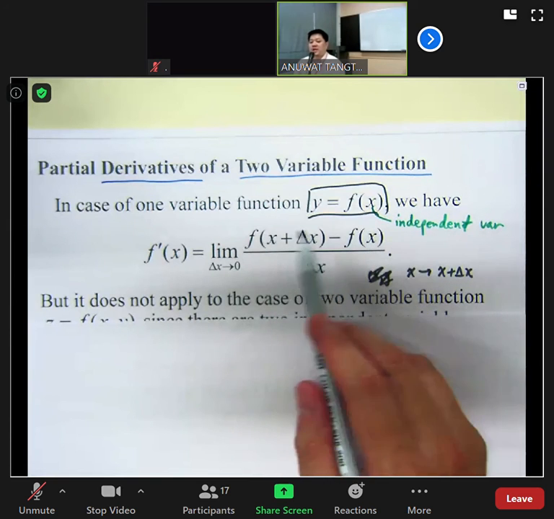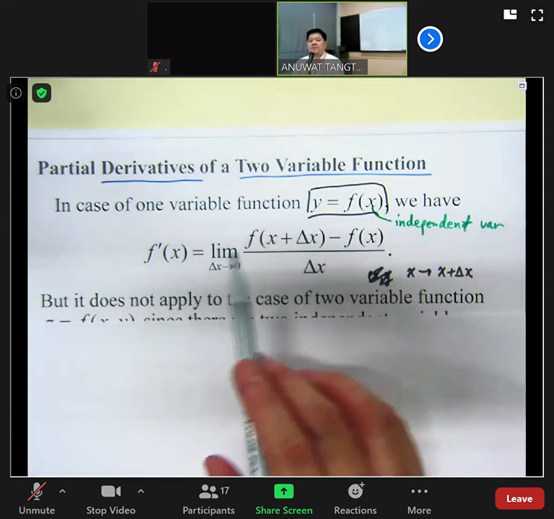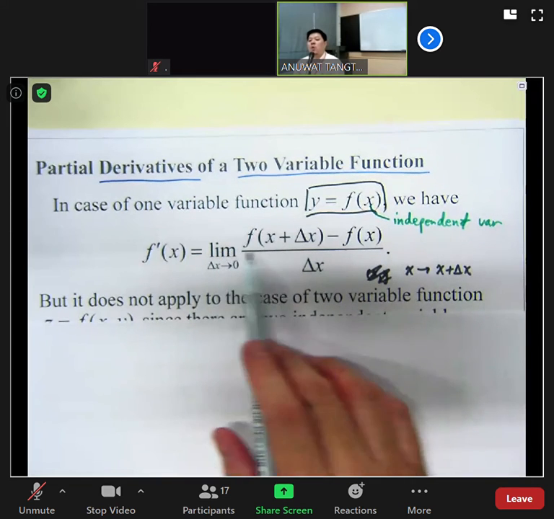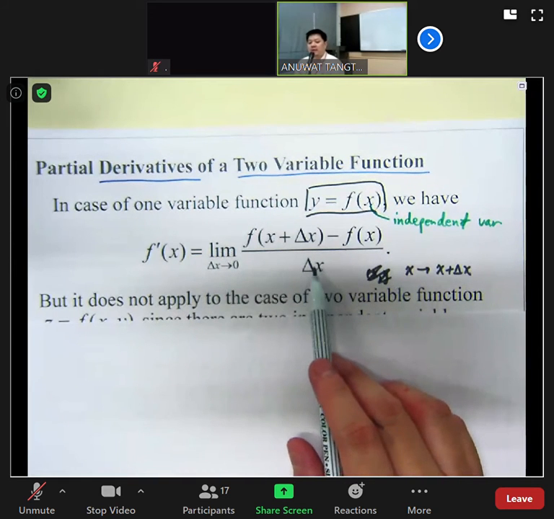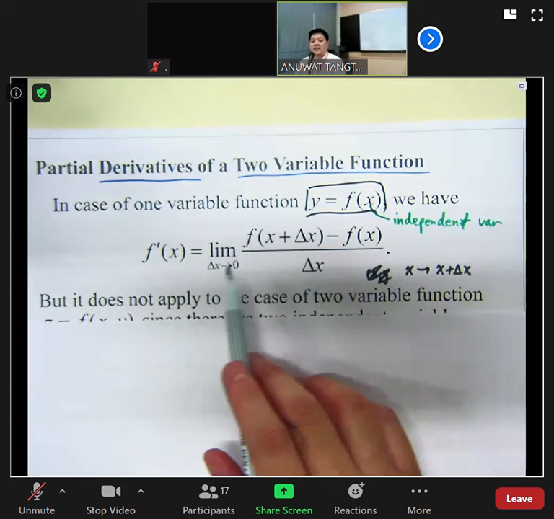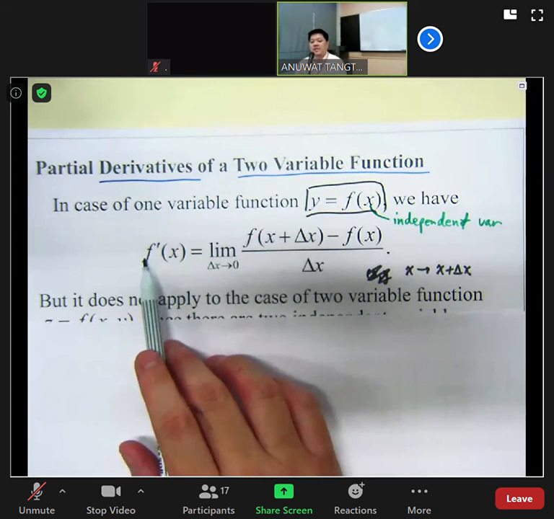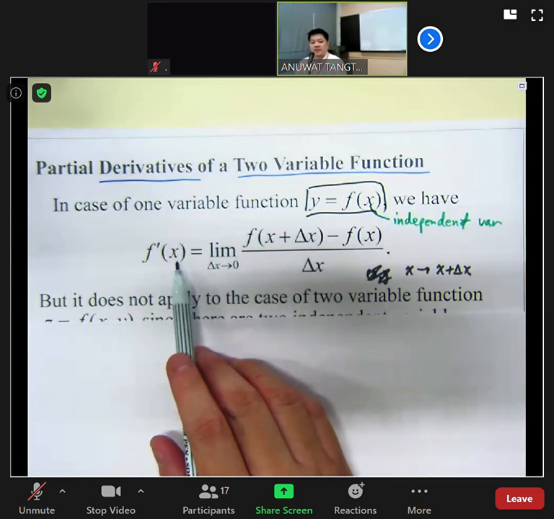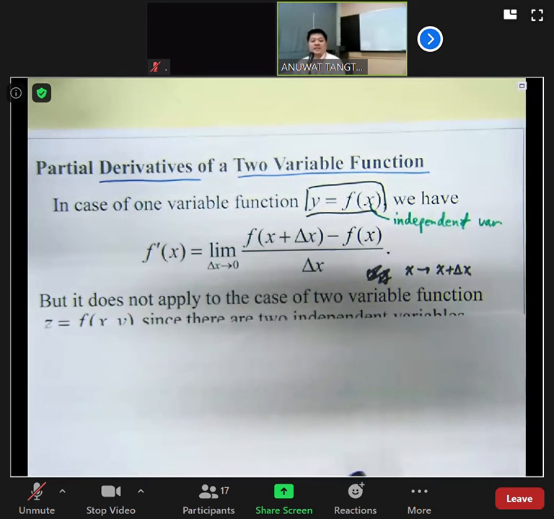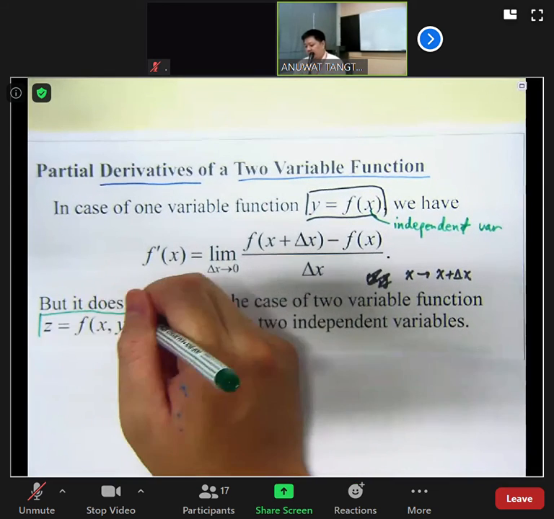So the derivative would be the change of the function over the change of the independent variable x, and we take the limit as the change of x goes to zero, and that is the derivative of the function at the point x.